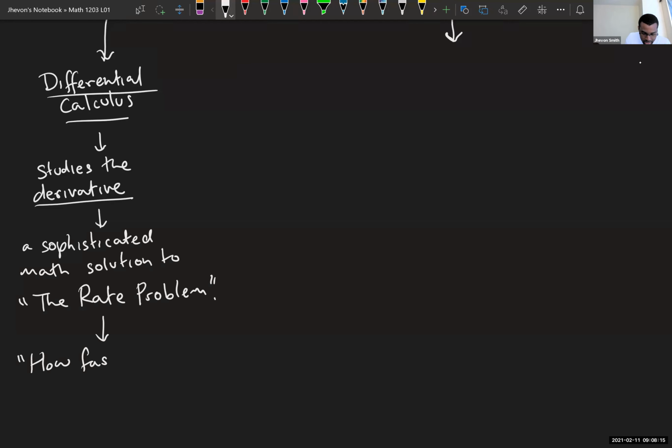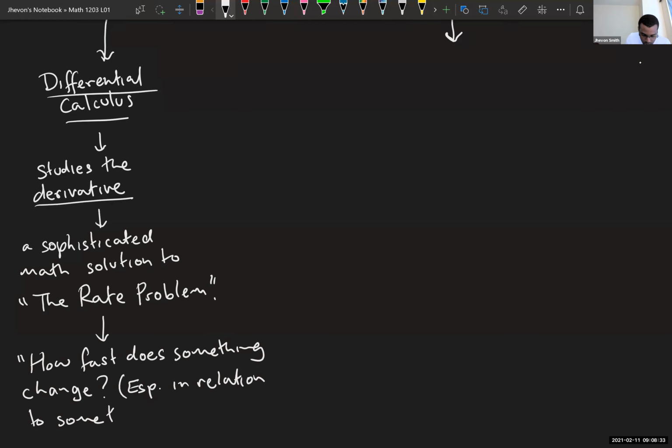How fast does something change, especially in relation to something else? Now, why is that an important question? And it's a very basic question.